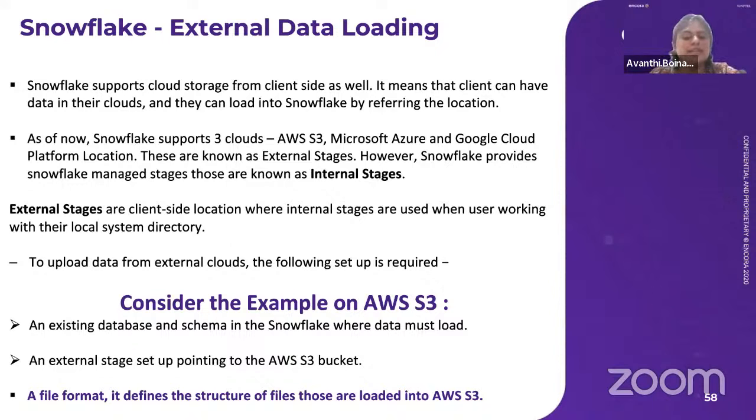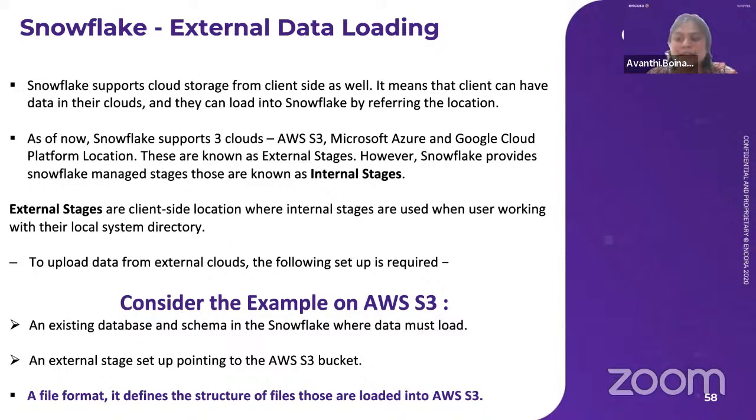After that, I'll explain with an example of each cloud which supports Snowflake. So let's take AWS first. Suppose there is an existing database and schema in Snowflake where the data must load, and an external stage setup pointing to AWS.